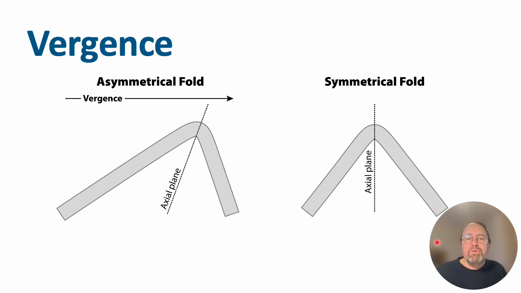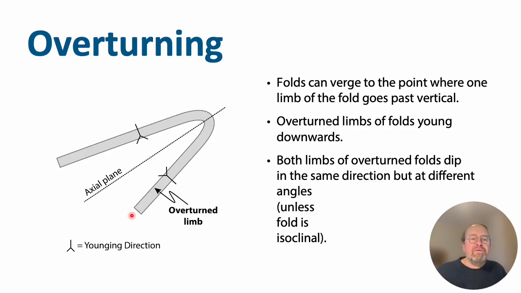and they tend to be more common than the simple symmetrical folds. Indeed, if your axial plane is flopped right over like this, getting to be quite close to the horizontal, we call this overturning. You can see that this limb here is now essentially upside down. The younging direction is pointing downwards.